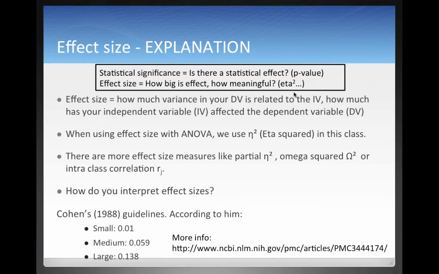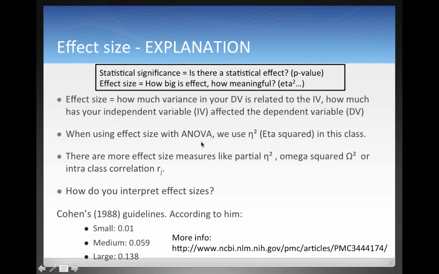So it could be that we have something that keeps happening consistently, so we have a statistical effect, but it could be very small. Another way to think of it is that the effect size is the amount of explained variation in the dependent variable by the independent variable. So how much does your independent variable explain of the dependent variable?